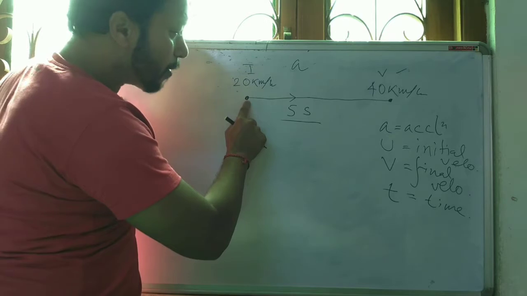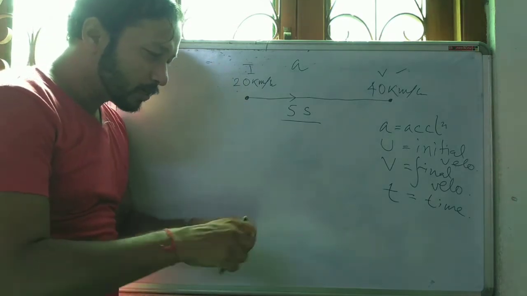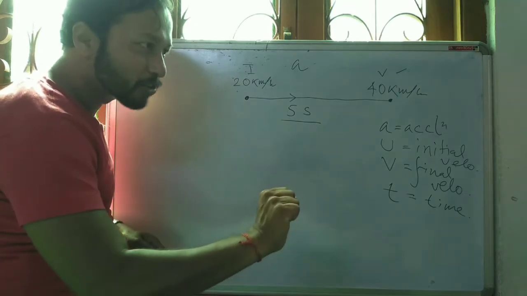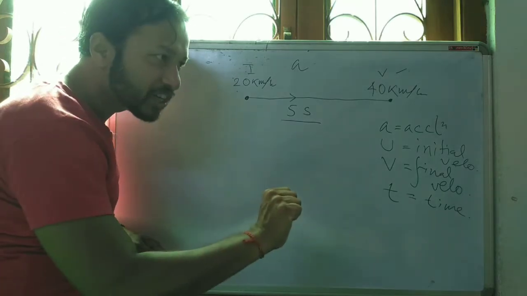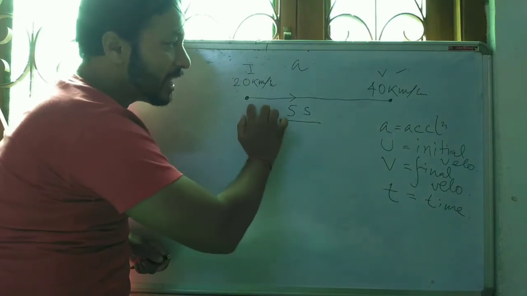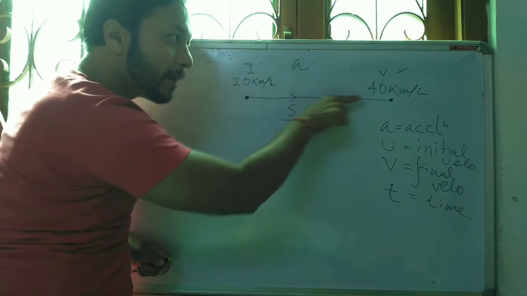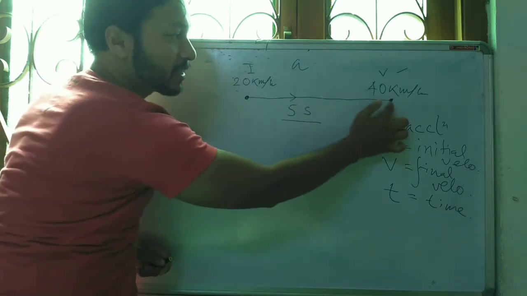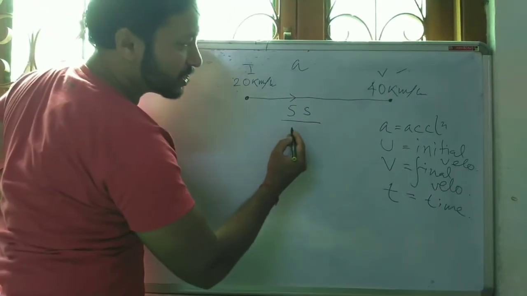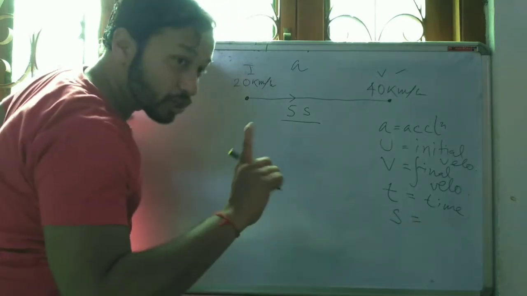Now, when you are traveling with 20 km per hour and you are increasing your velocity by applying acceleration, in that time your scooty has traveled a distance. We call it S. Here S is not speed.